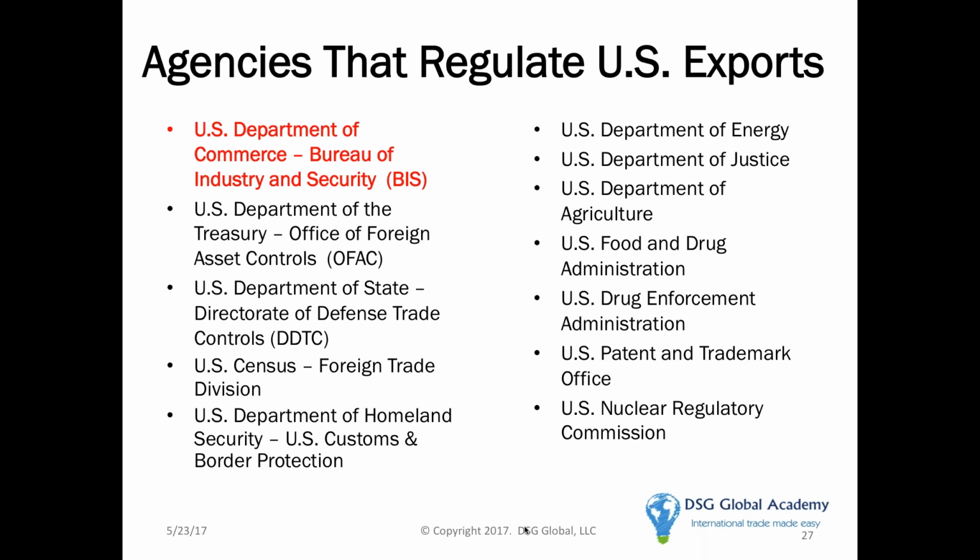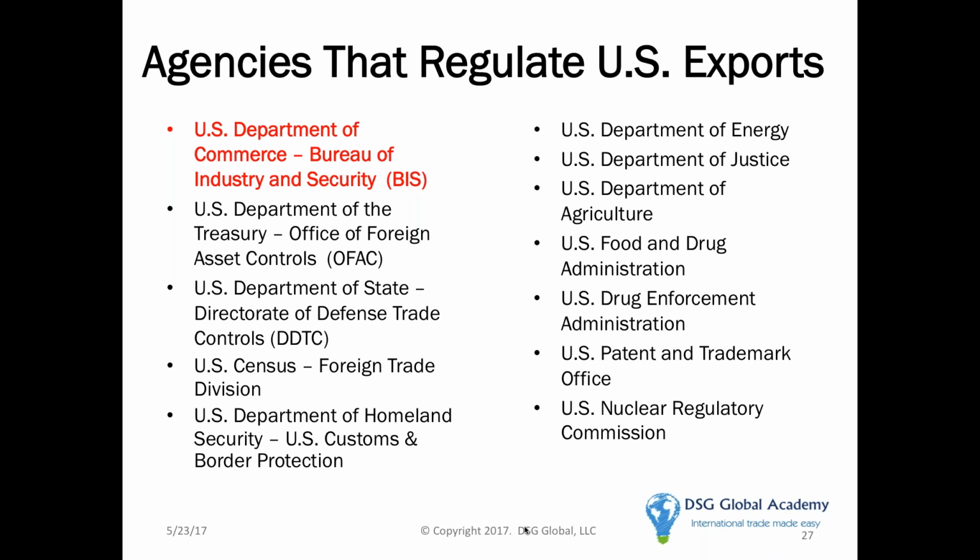Wow, look at this. These are all the different agencies that have some rules regulating US exports. Let's look on the left-hand side. The Commerce Department. Not only do you have a side of the Commerce Department that promotes US exports, they're called the International Trade Administration Bureau, but you also have another bureau, which is Export Enforcement, which is the BIS, Bureau of Industry and Security.